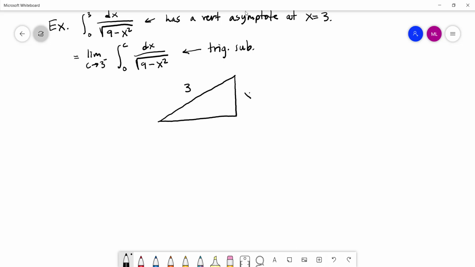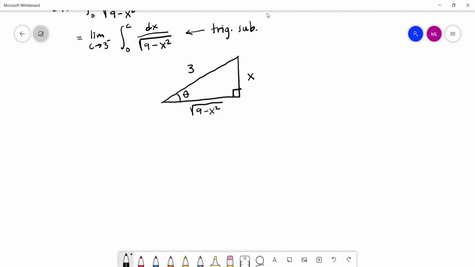And I'm going to put the x over here, and I'm going to put the square root of 9 minus x squared down here. And we can, again, just verify it if you have any doubts using the Pythagorean theorem. This squared plus this squared does indeed equal this squared. Okay, this will guide our substitutions.